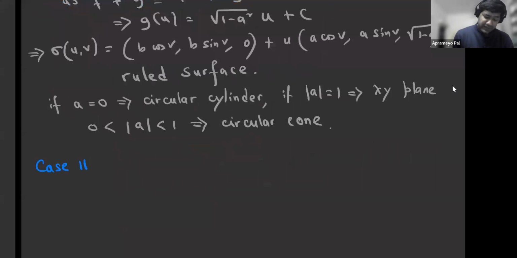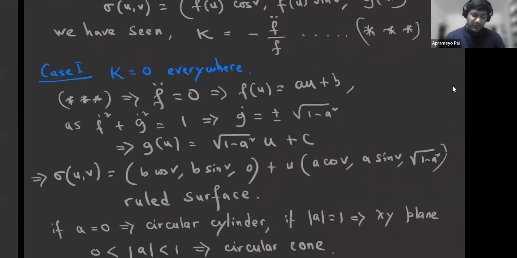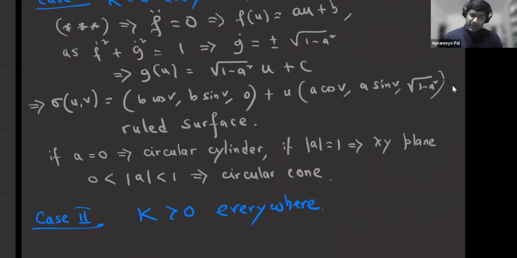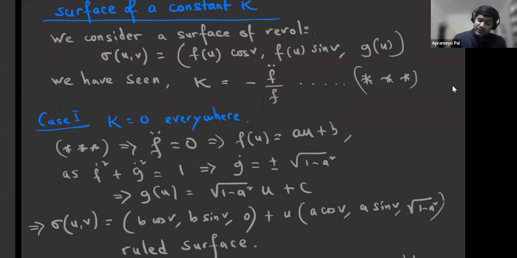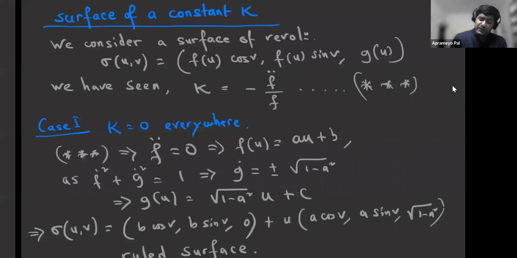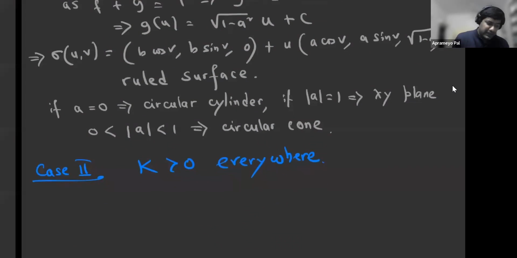So the second case is K is positive everywhere. I'm just trying to show you what we obtained in the previous lemma and corollary. That was more general, and here we are considering a specific surface and getting a similar conclusion again.